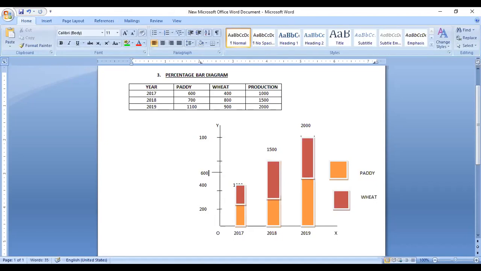This I assume as 600. Sorry, this 20. This I assume as 14. This I assume as 16. This I assume as 80. Okay, this not 600, yeah, 60.